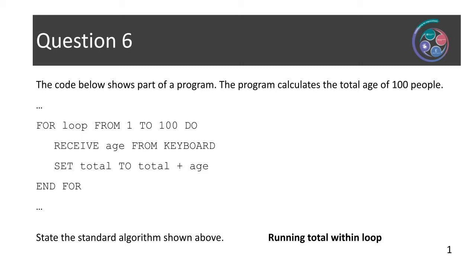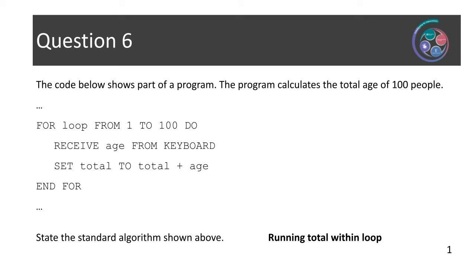When we go through that a second time, let's say the received age is then 15, we would set total to total, which is currently of the value 20, and then add the age, which is 15. So we would go 20 plus 15, giving us a new total of 35. And we can see that this would go through 100 times.